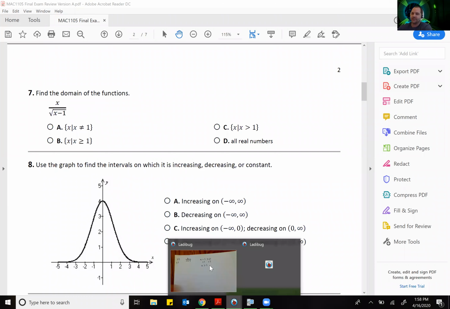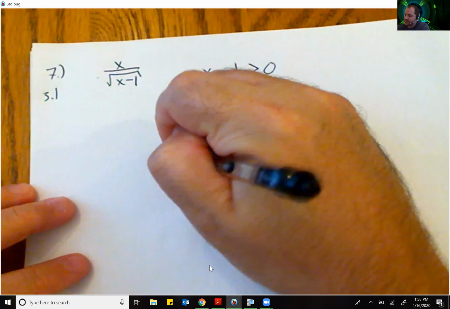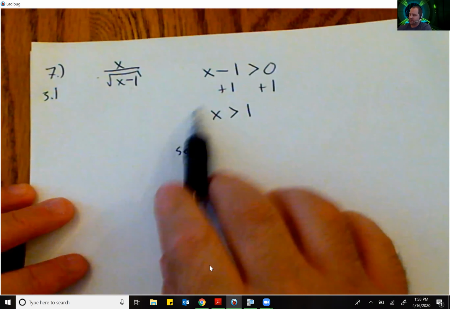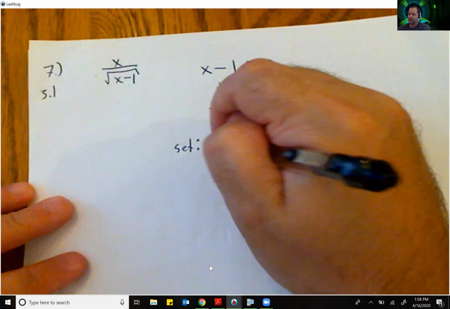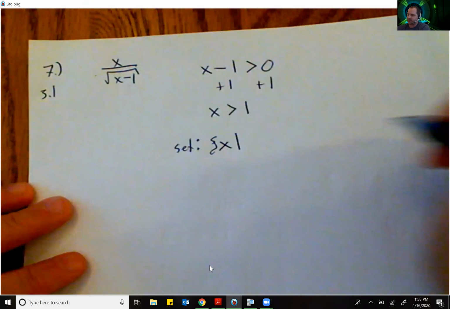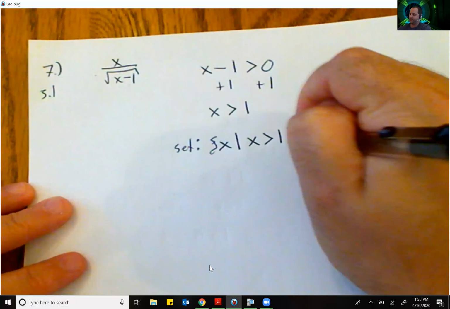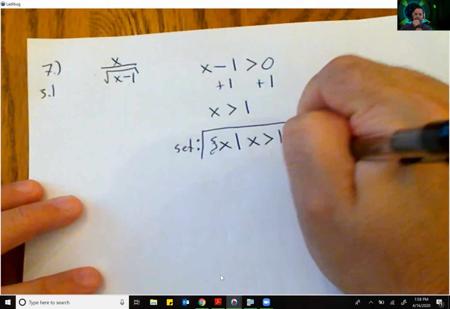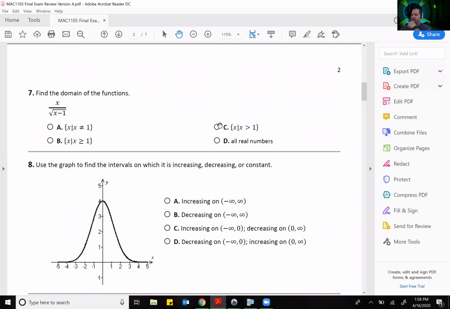So for set notation, all you have to do is put all the embellishments around this. Make your little braces, x, your line, put in the answer, x greater than 1, close it. So that is the answer in set notation. And if we go back, it has to be C.